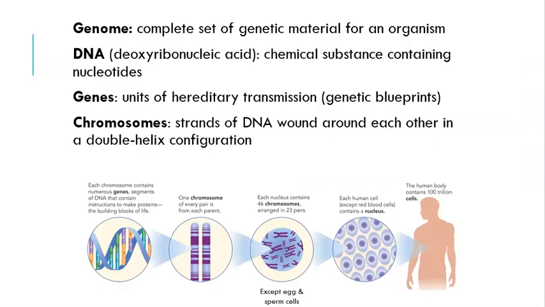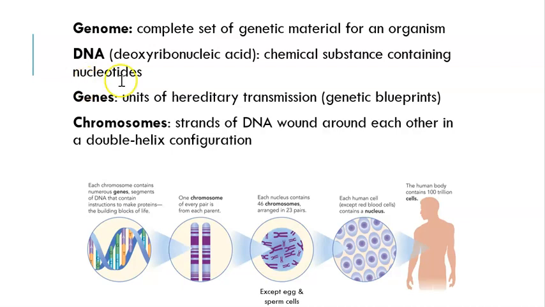So if we look at the DNA, then we have this thing called a genome. So a genome is a complete set of genetic material for an organism. In other words, it's all the DNA of an individual kind of combined. That's a genome. Now, DNA itself is the chemical substance that contains nucleotides.